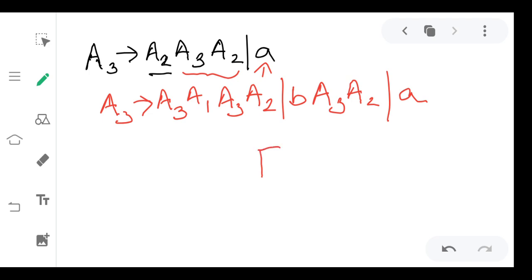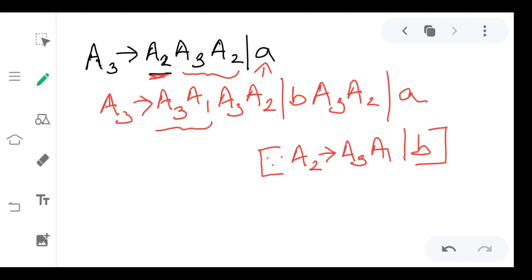Here what we have done is, instead of A2, we have replaced A2 by its production A3 A1 or b. Okay, instead of A2, we are substituting A3 A1 and b. And one more equation we have, A3 produces small a, that will come here.